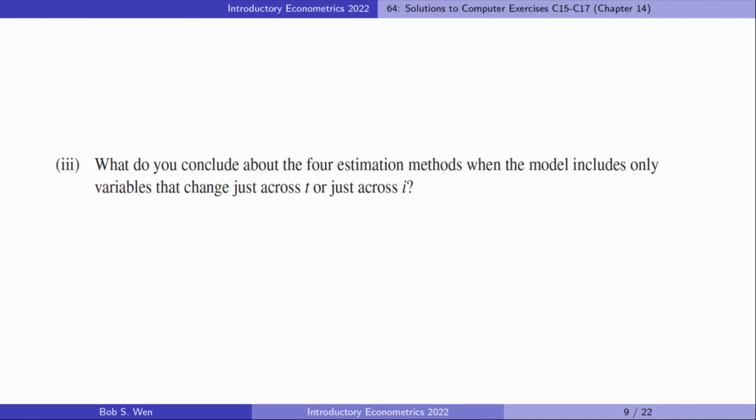We cannot use the fixed effects method for the time constant variables. For the variables that only change across time or change the same amount for all individuals over time, the time dummies have already captured the effects, and we cannot include them in the model.